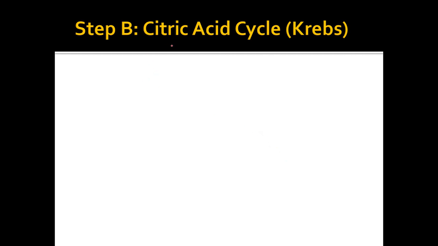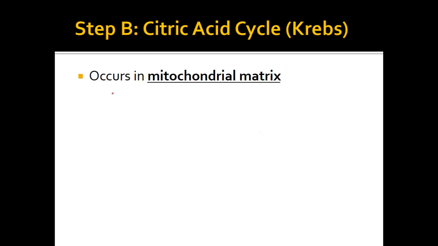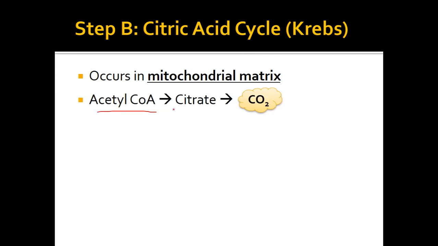Step B is the citric acid cycle, or Krebs cycle. This is happening inside the mitochondrial matrix. Acetyl-CoA is getting turned into citrate, which is where it got its name from, and that's getting turned into CO2. For these ones, acetyl-CoA is really important for you to know. Citrate is known as an intermediary, so they probably would not ask you to know that. And then also CO2, you should know.